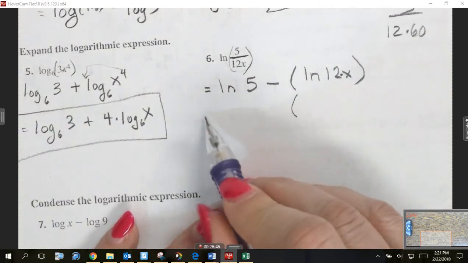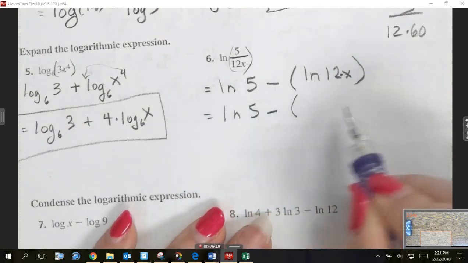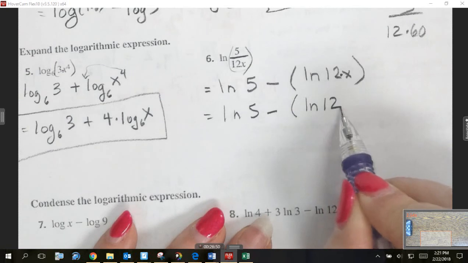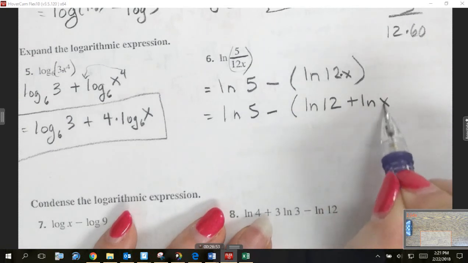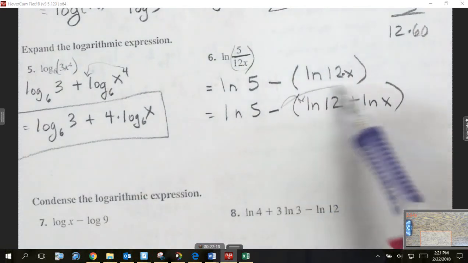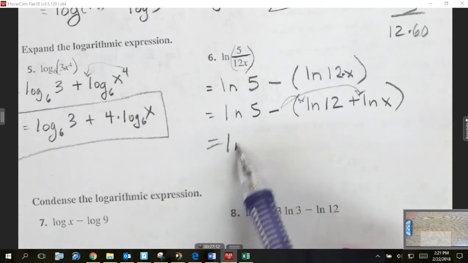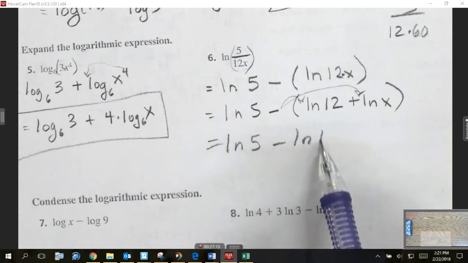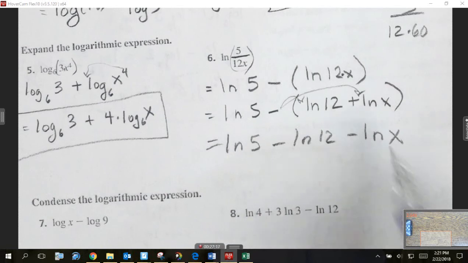So I'm going to expand that part by writing ln 12 addition ln x. And then I'm going to get rid of my parentheses. How am I going to get rid of my parentheses? You distribute. That's right. Thanks for playing along. So we have ln 5 minus ln 12 minus ln x.